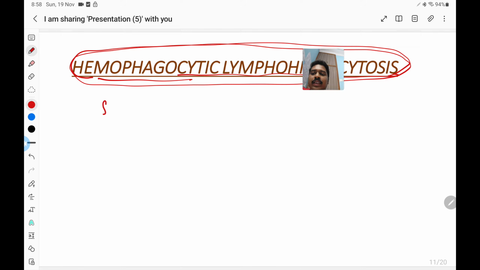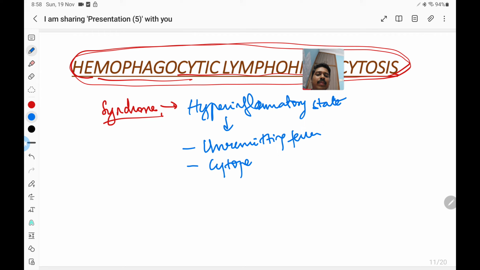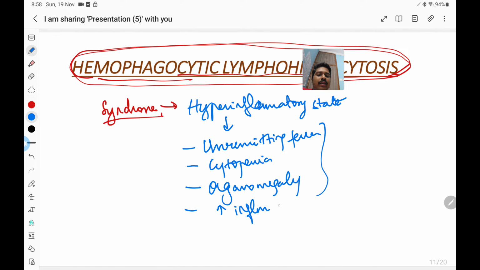So what is this HLH? According to the definition, HLH is a syndrome characterized by a hyperinflammatory state, which leads to unremitting fever. See, our patient also had unremitting fever. Then it can lead to cytopenias, bicytopenia, pancytopenia. It leads to organomegaly, hepatosplenomegaly, as was seen in our patient, along with increased inflammatory markers.